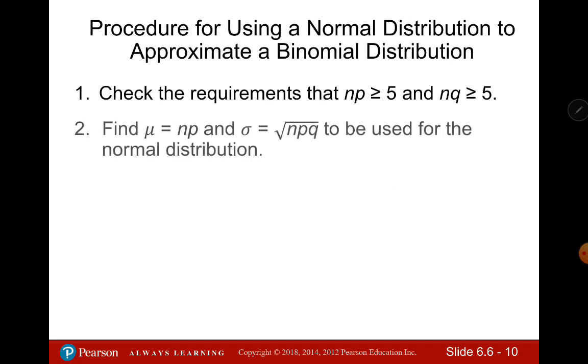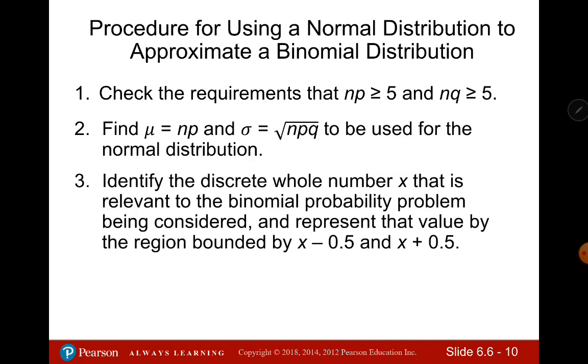Okay, so let's quickly generalize the whole procedure. First, check the requirements for the binomial distribution. Then use the binomial formulas to get the parameters, if it is a binomial distribution. If it's not, we just stop there.